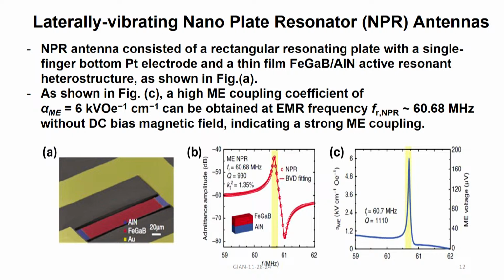Right? So, at resonance, the voltage coefficient, you look at the value, it is 6 kilovolt per centimeter Oersted. It is not even volt, it is several kilovolts, and it makes it an excellent miniaturized antenna operating at this frequency, and there is not even a bias magnetic field applied to this. But if you apply a bias magnetic field, it will be even better than what you see here.